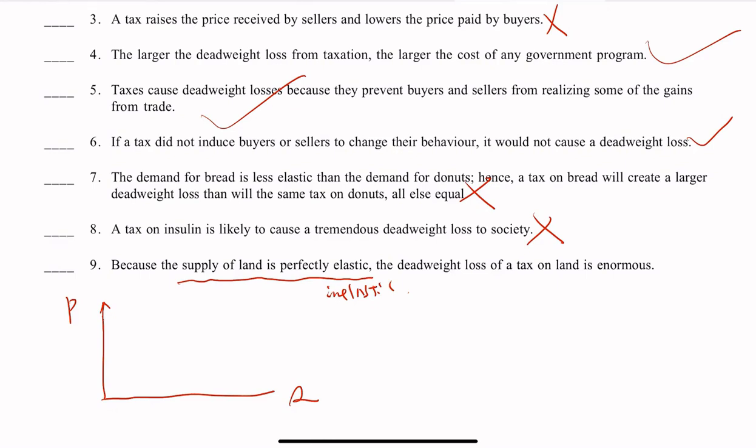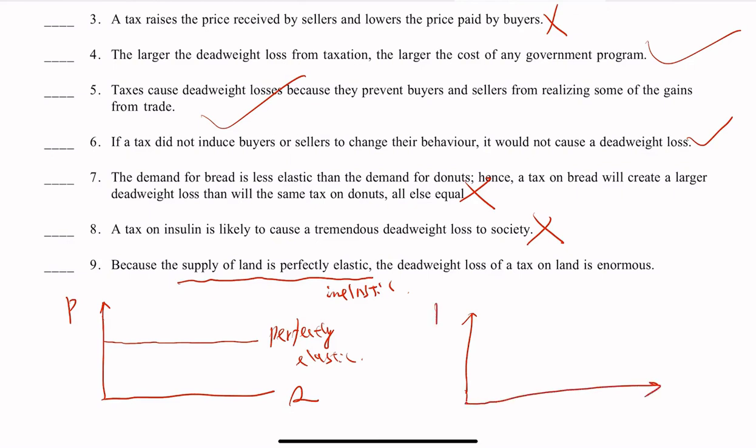So if it's perfectly elastic, then the supply curve should be horizontal. So this is the case of perfectly elastic. It is essentially very flat. It's the extreme case of being flat.